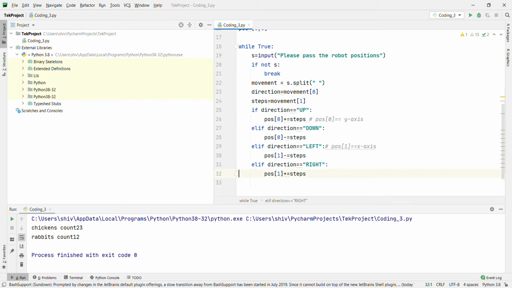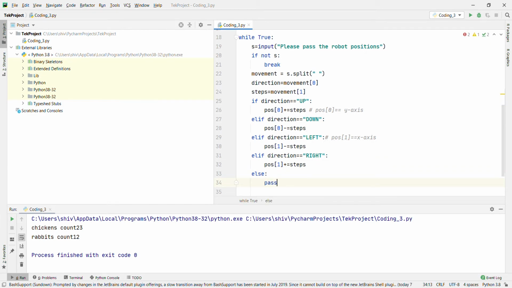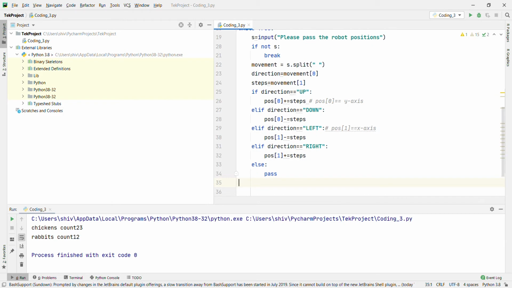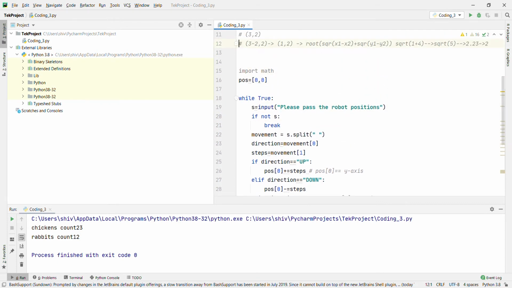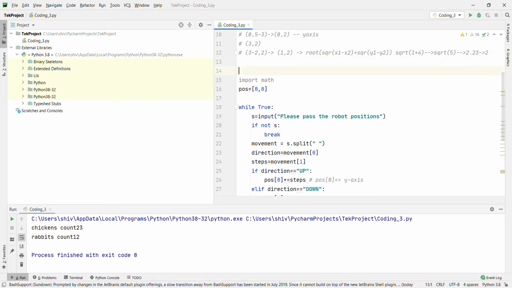If nothing is there, then we have to pass it, else we have to bypass. Now we are going to count the step. When you add the 0 position and 1 position, what are we going to achieve? This is what we are going to achieve: 1, 2. Till now here the step we are going to add or subtract.